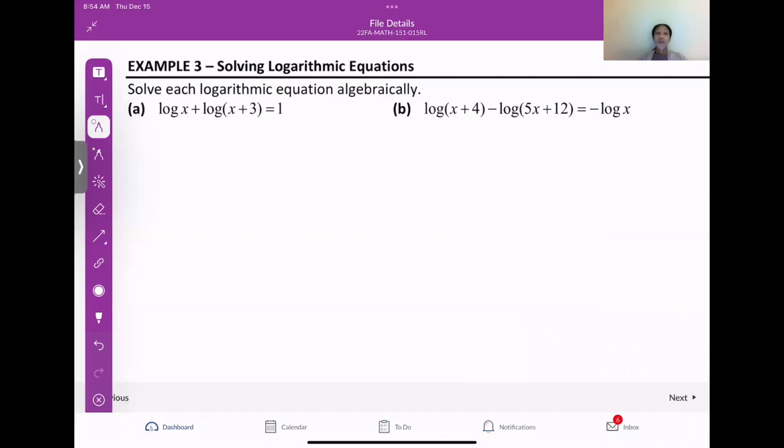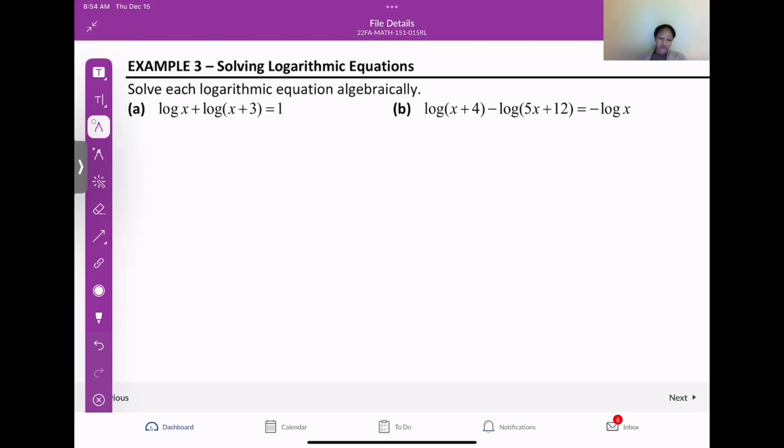But neither of these are quite written in the forms that we've seen previously where we can either write an exponential form or use the one-to-one property. That's because on the left-hand side of these, we have more than one logarithm being added or subtracted. So we need to use the properties of logs that we have to condense logarithms to simplify the left-hand side of these equations. And then we can use the same techniques that we used in examples 1 and 2.